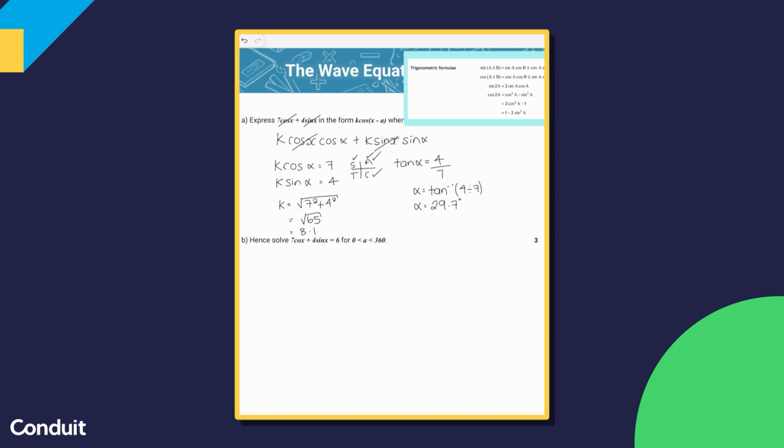So that means that that first initial answer of 29.7 was exactly what we were looking for. So we now need to rewrite this in the required form. So k is 8.1 cos(x minus alpha), where alpha is 29.7. So that is 7 cos x plus 4 sin x written in the correct form.